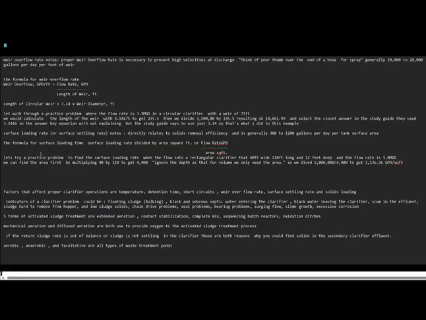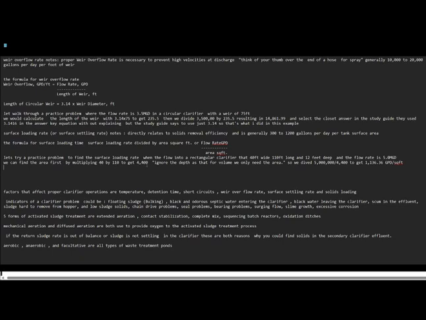All right. Let's try a practice problem to find the surface loading rate when the flow into the rectangular clarifier that is 40 feet wide, 110 feet long, and 12 feet deep, and the flow rate is 5 million gallons per day. We can find the area first by multiplying 40 by 110 to get 4,400.